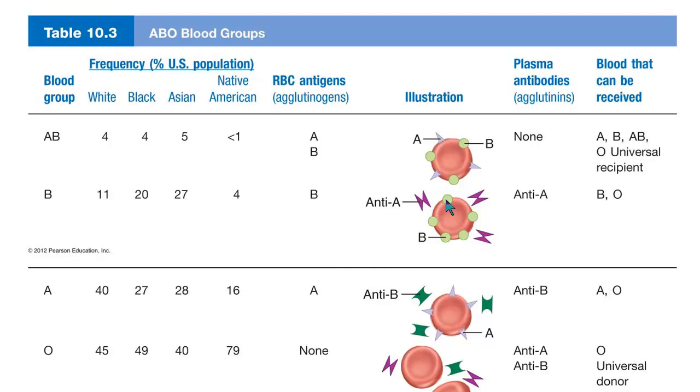They only have B on their red blood cells. Type A blood type has A antigen, therefore they will not recognize B. That'll be considered foreign, so they will form B antibodies. And a person with O blood type has no A or B antigen, so therefore their body will consider A and B antigens as foreign, and they're going to form antibodies against both.